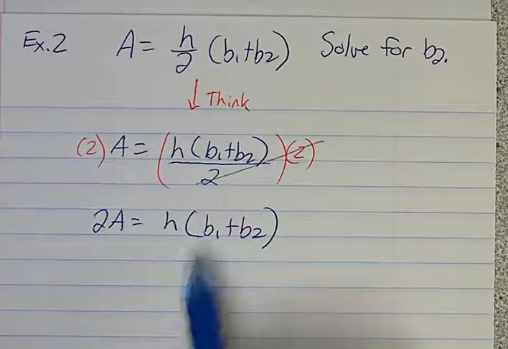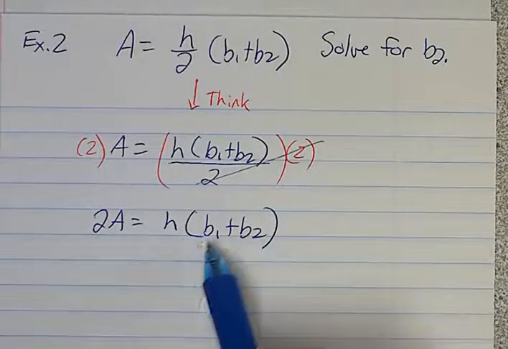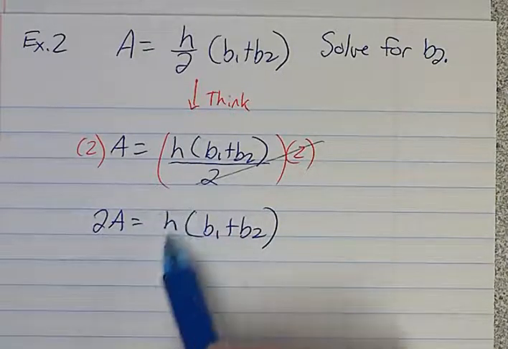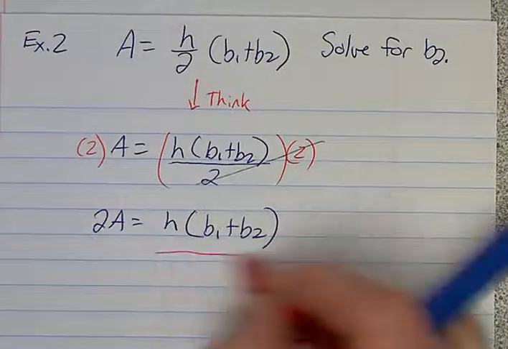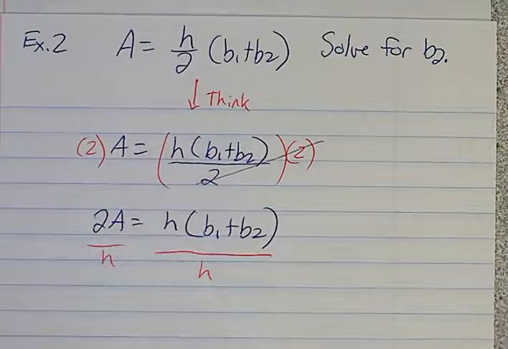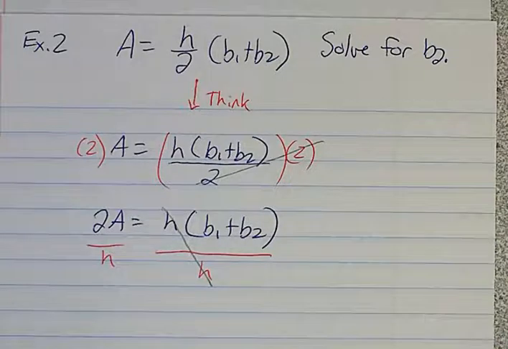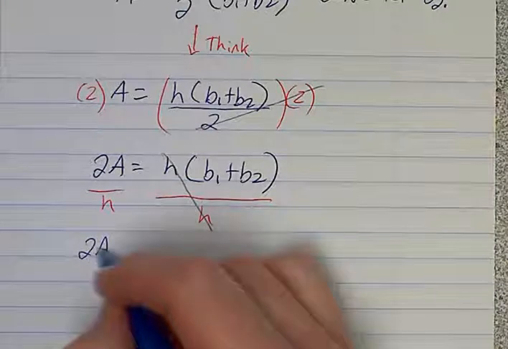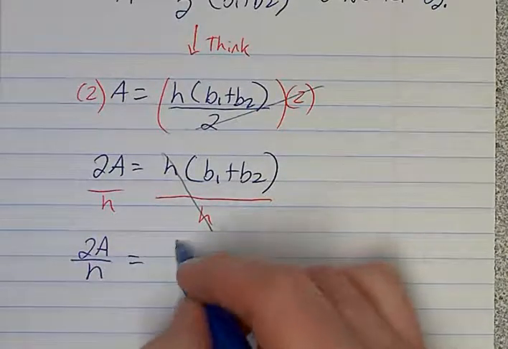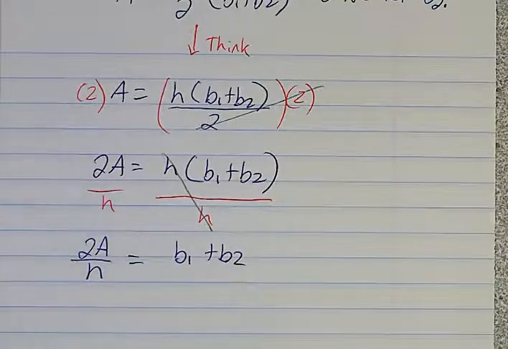All right, so now you've got two things. You've got H times B1 and B2, and you've also got B1 plus B2. So you've got this H multiplied, so to fix the multiplication, you're going to have to divide. So that'll knock that out. Okay, and then once you're here, pretty easy, right?